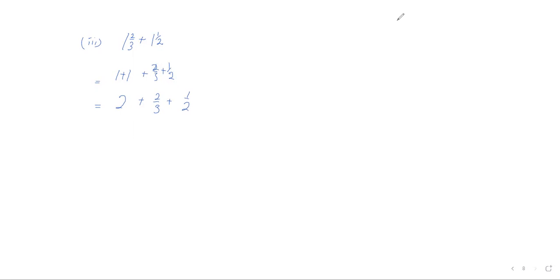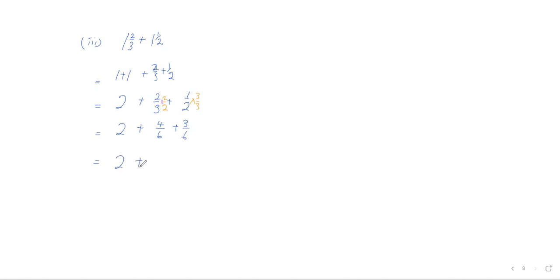To have a common denominator, we will multiply here by 2 over 2, same as multiply by 1, here by 3 over 3. This will give us a 2 plus 4 over 6 plus 3 over 6.